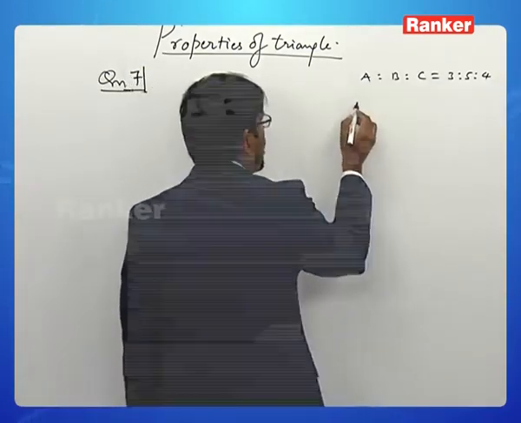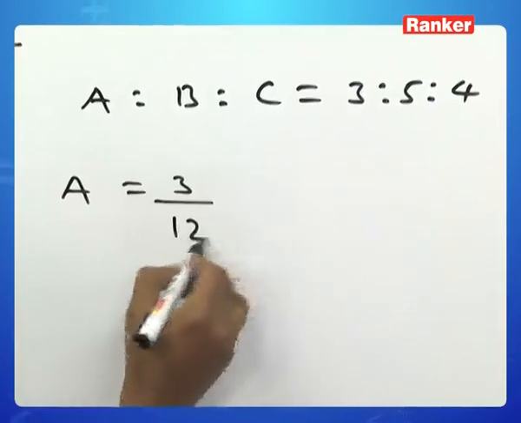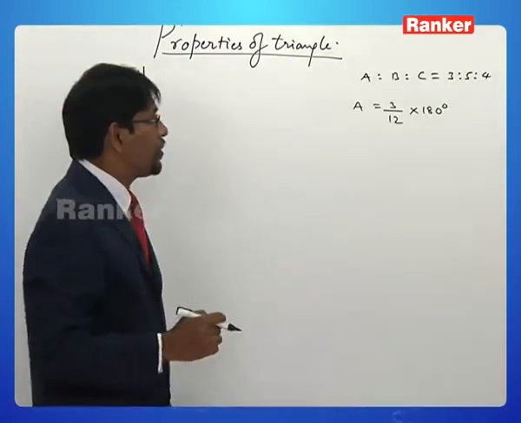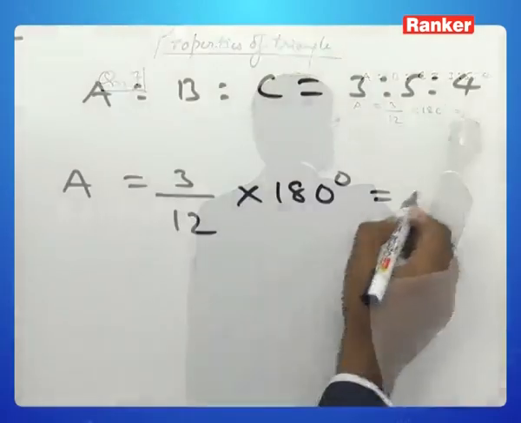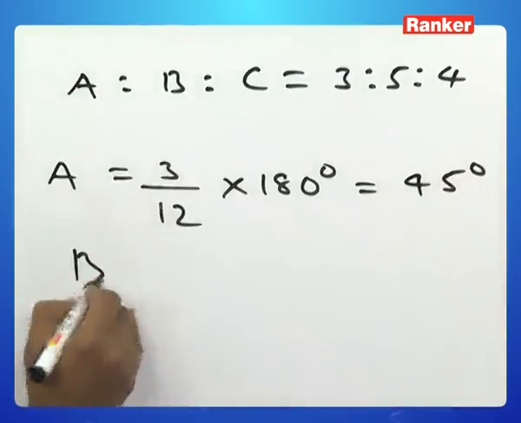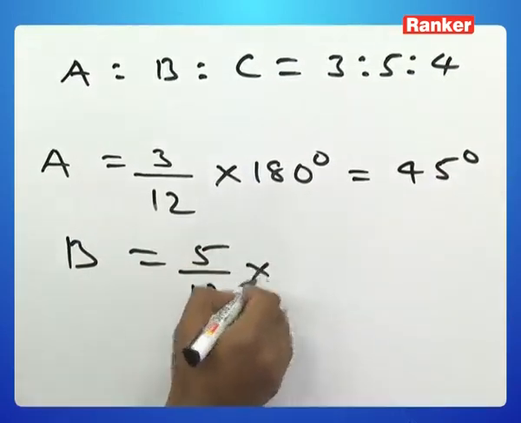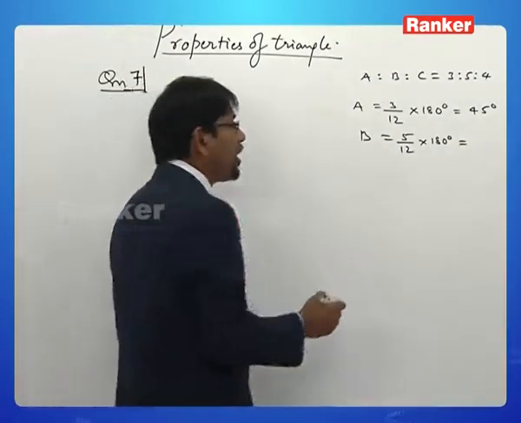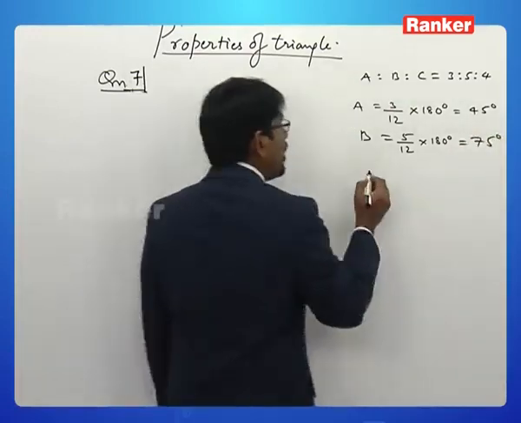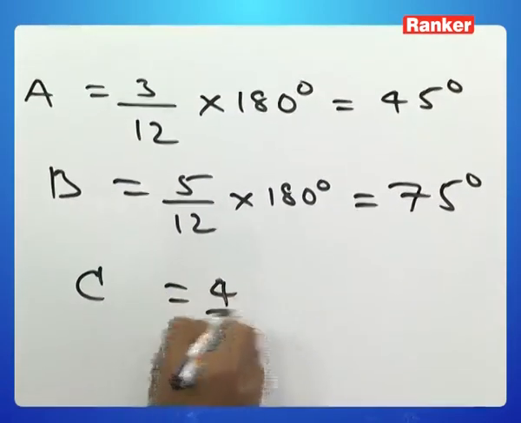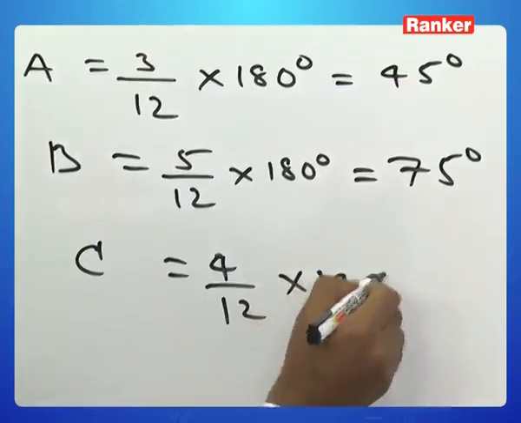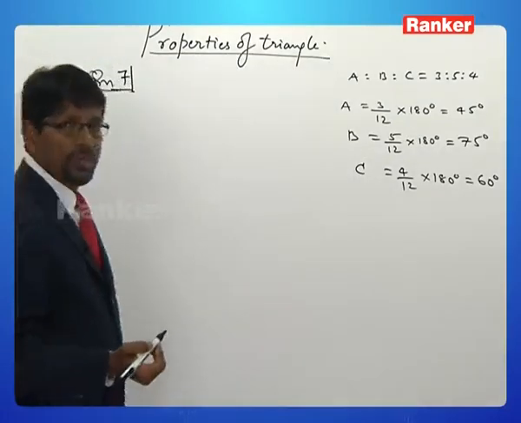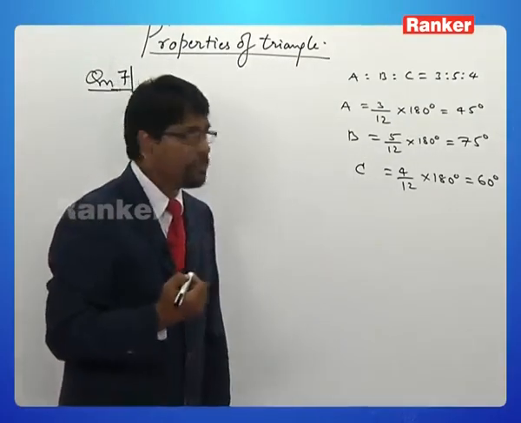Now that makes it A will be 3 by 12 into 180. The total is 12 there, 3 by 12 into 180. That is 45. B is 5 by 12 into 180. 180 by 12 is 15, 5 into 15, that is 75 degrees. And angle C will be 4 by 12 into 180, which is equal to 60. 1/3 of 180, and that's equal to 60 here.